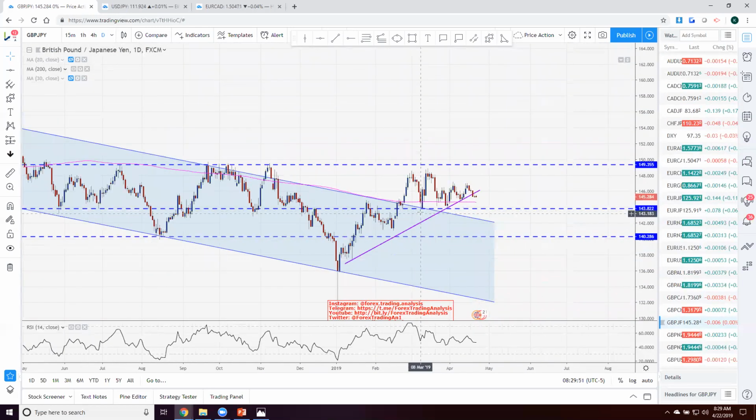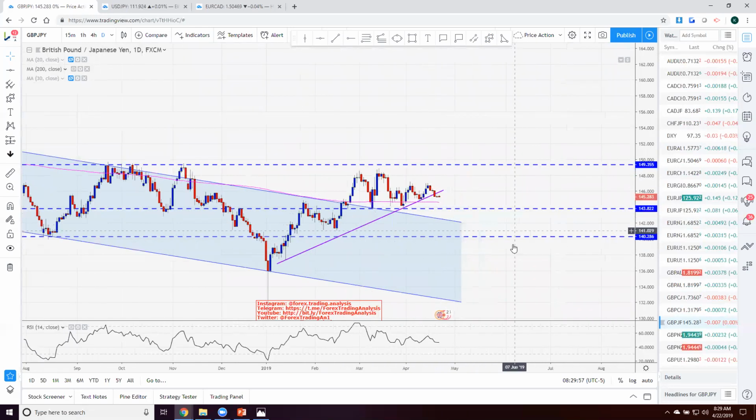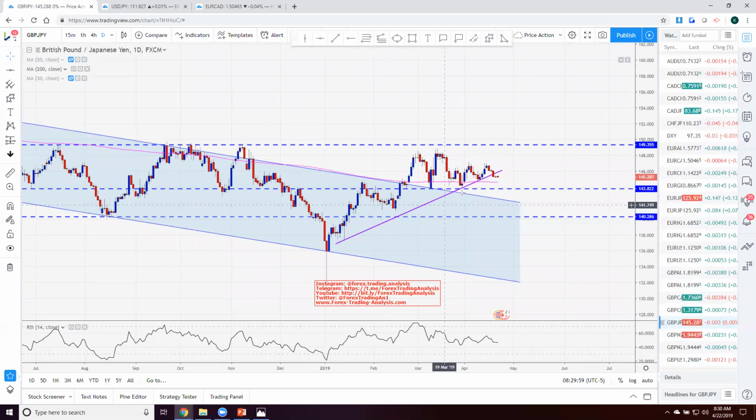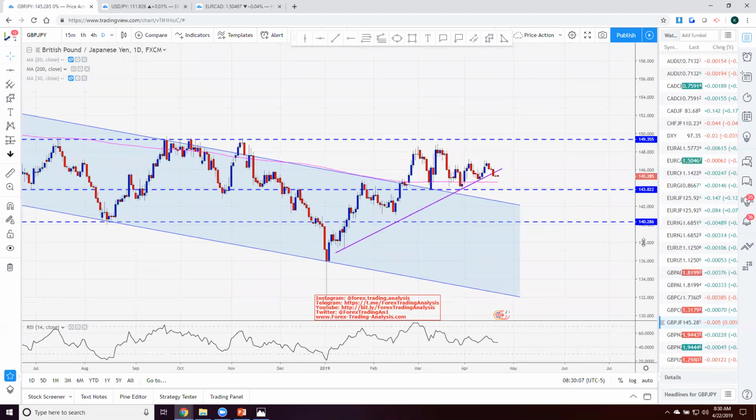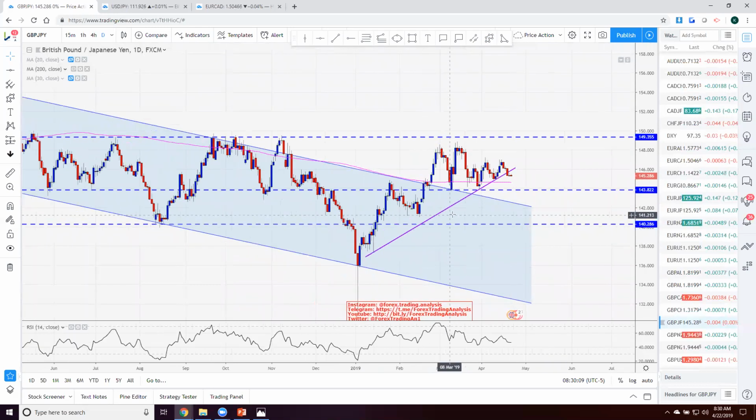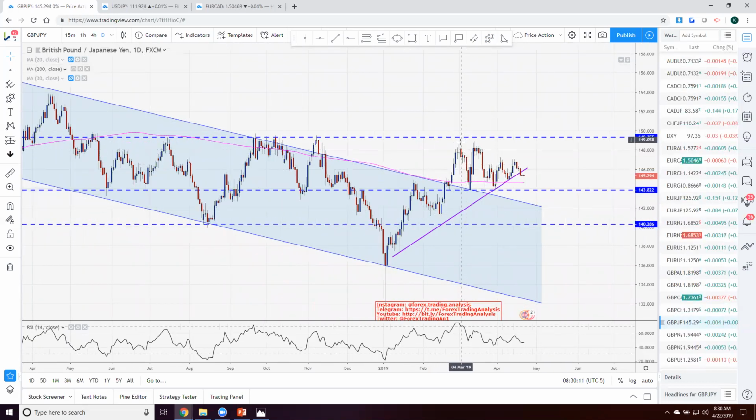Since breaking out of that channel back in February, we've essentially retested it. Showing this ascending trend line that we've bounced off of a couple of times, have kind of broken below that, but have essentially been consolidating since the end of February.